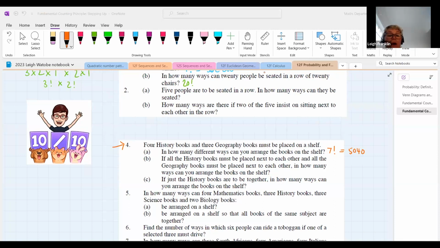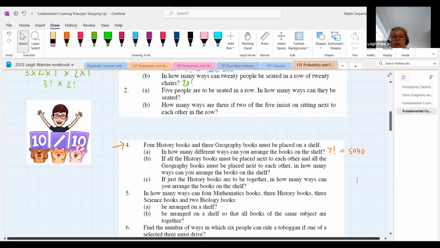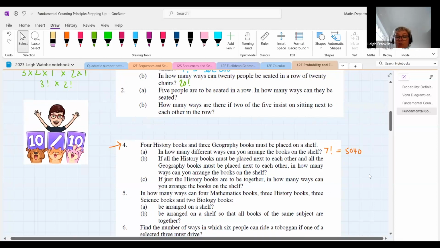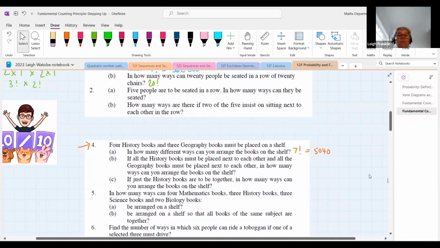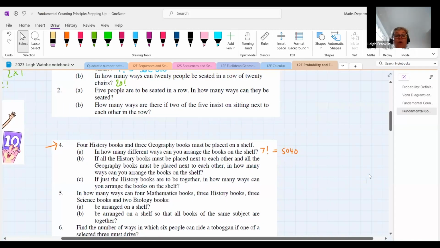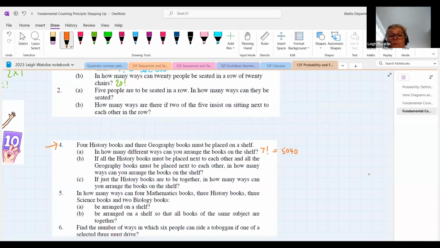That's it, Akila. All right, in the second question, it says, if all the history books must be placed next to each other and all the geography books must be placed next to each other, in how many ways can we arrange them on the shelf? So now, history and geography want to go together. How many ways can we arrange them on the shelf? There we go. All right, so Pumzile and Nhlanhla both giving answers for us over there.